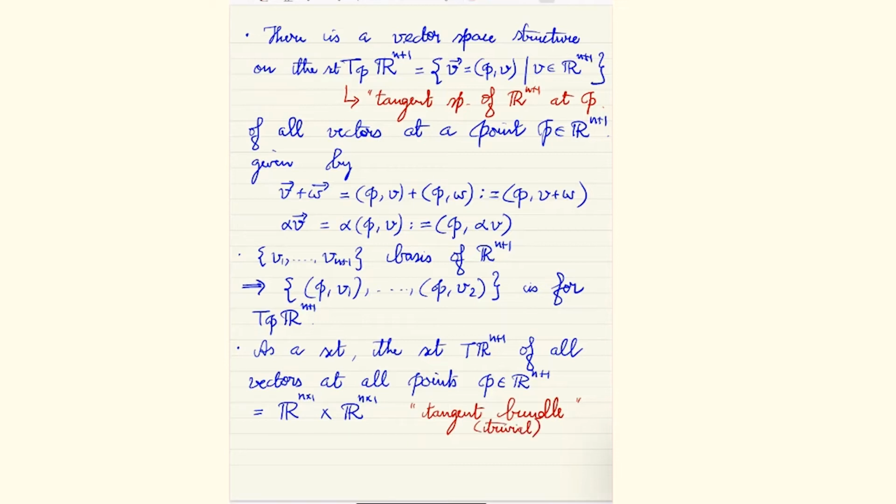But I just want to impress upon you that it is very useful to consider all tangent spaces at all points together as one object. Rn plus 1 is as nice a space as you can get. Perhaps one thing to remember, if you're starting with these things, is that you can never add vectors at different points.